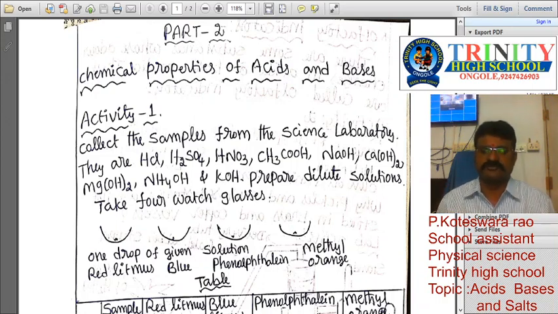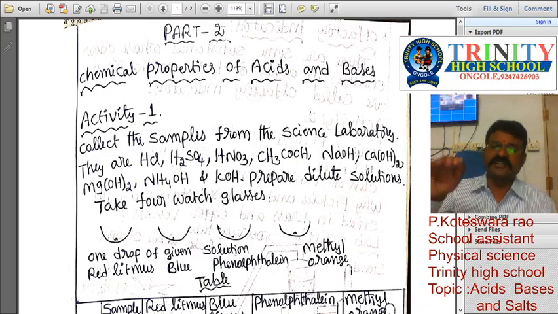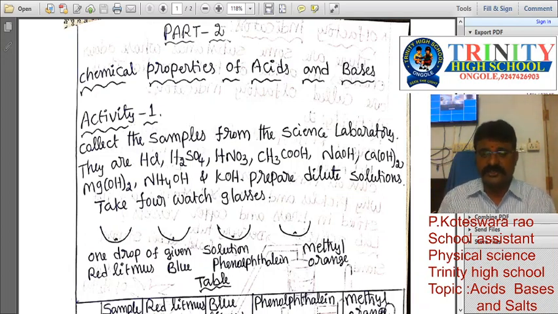First one diluted, second one concentrated. Diluted means it consists of more water and less chemical. Concentrated means it consists of more chemical. That's why those are called concentrated solutions.